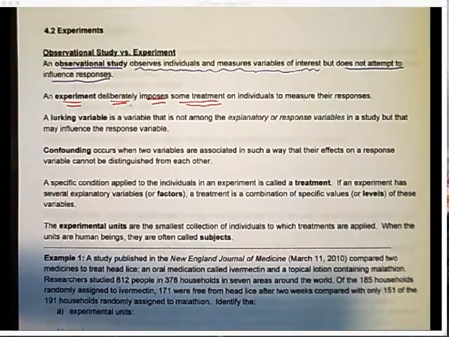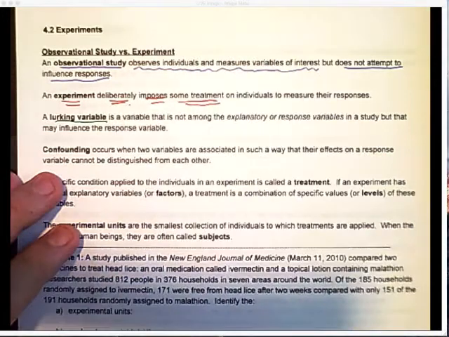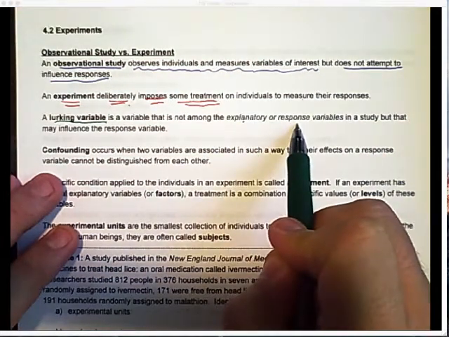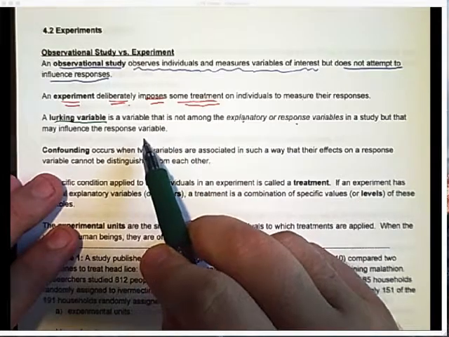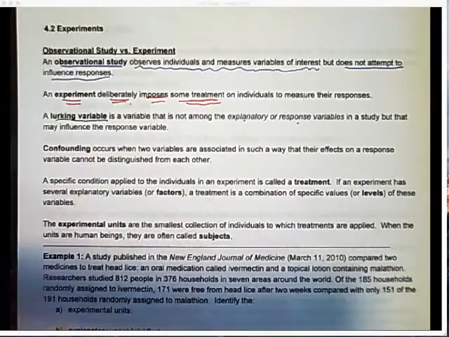So we also have these things called lurking variables. We're measuring something, we're imposing some treatment in an experiment, but there might be other things causing the results. A variable that is not the explanatory or the response variable, but influences the response variable, is called a lurking variable.